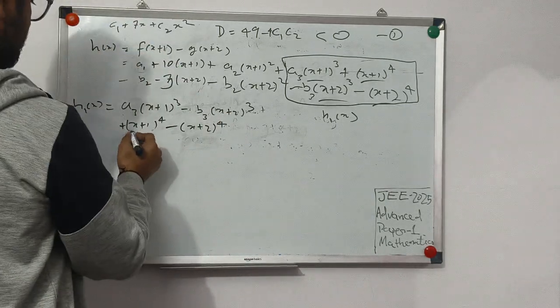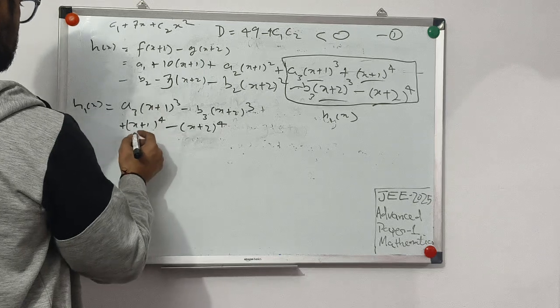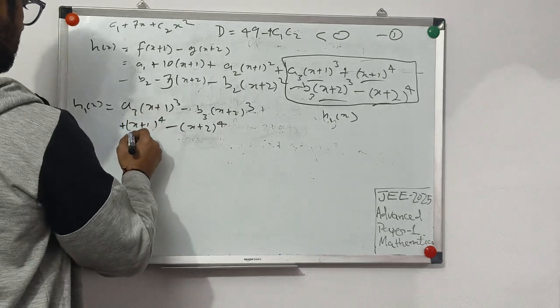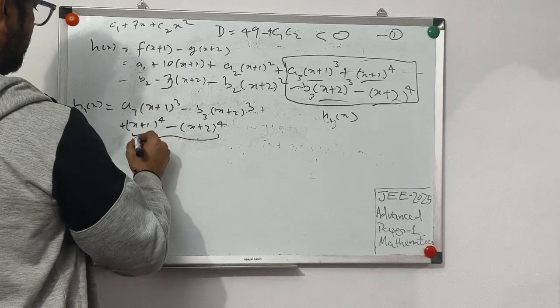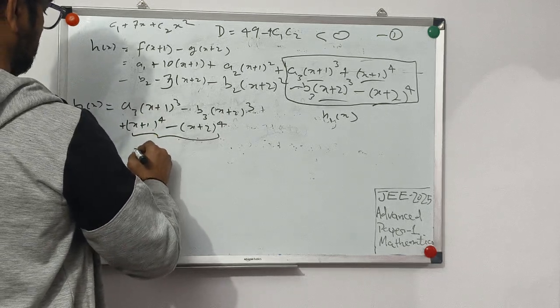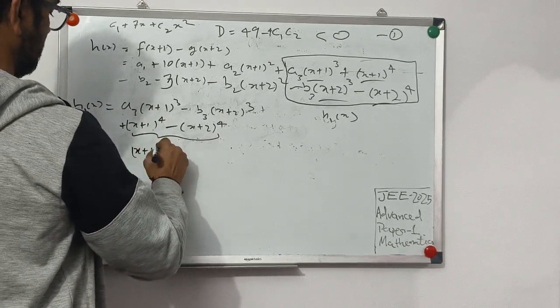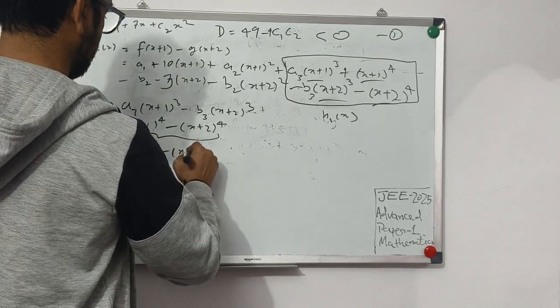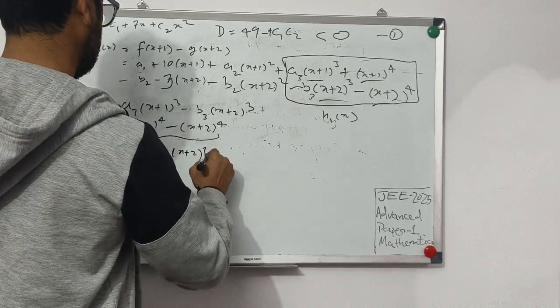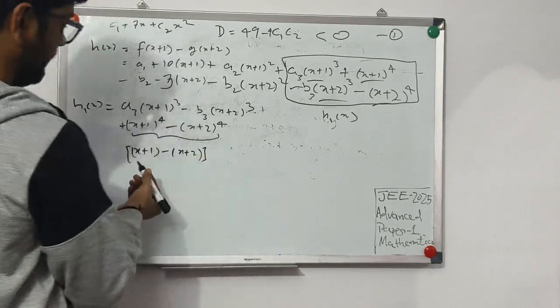So we can simplify this term a little bit. Let's just focus on this term. We get (x plus 1) minus (x plus 2). We can factor it out.